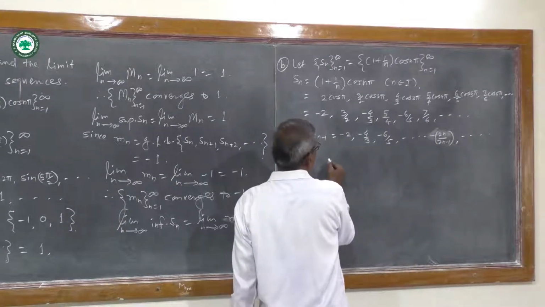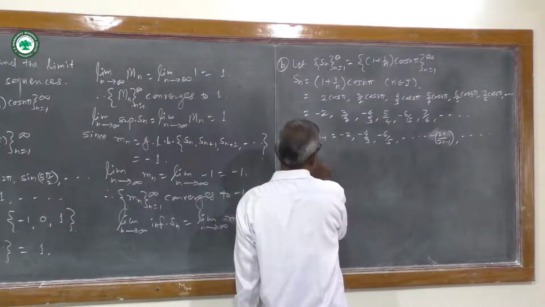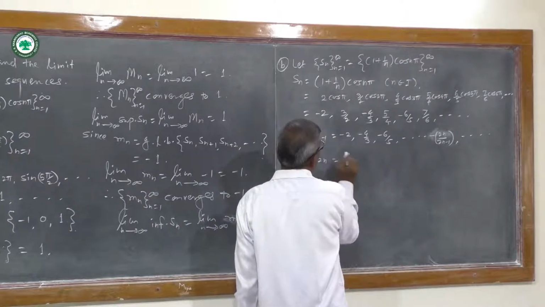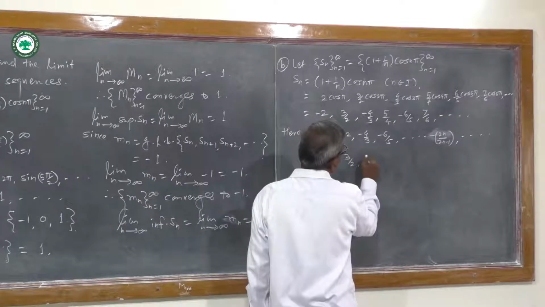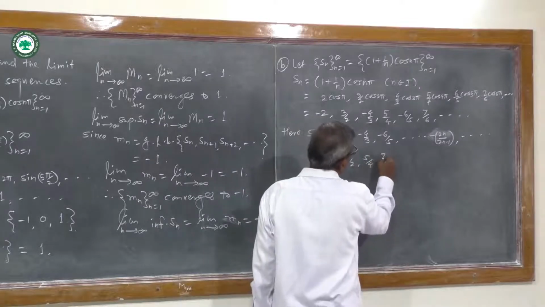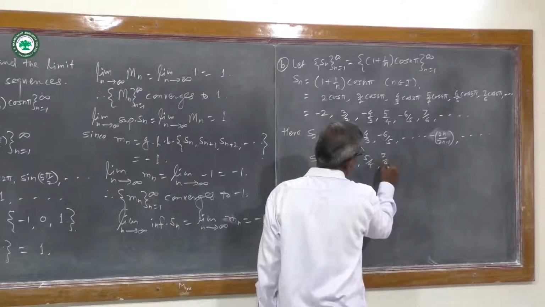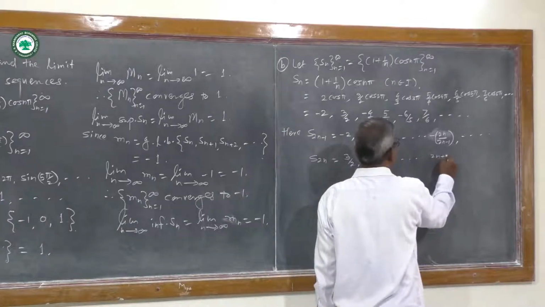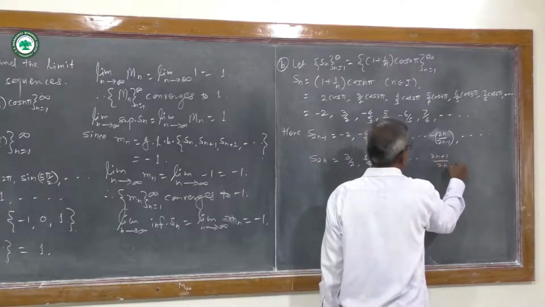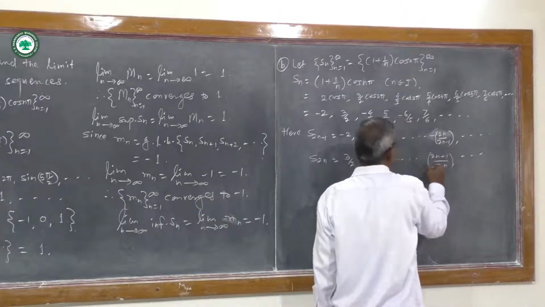And S suffix 2n gives 3 by 2, 5 by 4, 7 by 6, and so on, 2n plus 1 upon 2n, and so on.